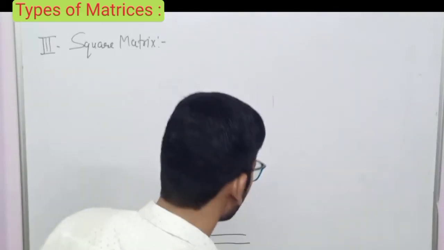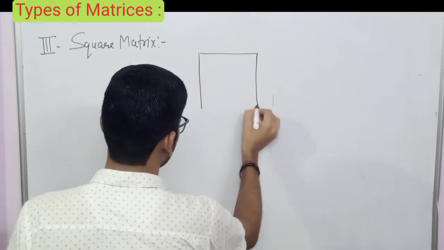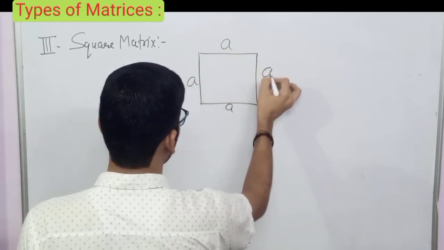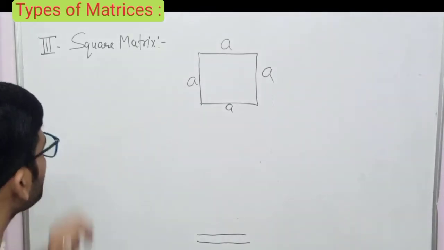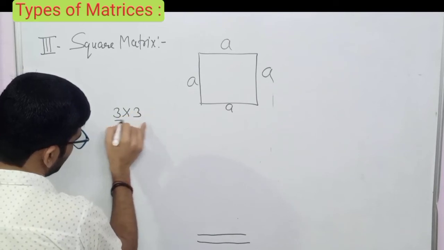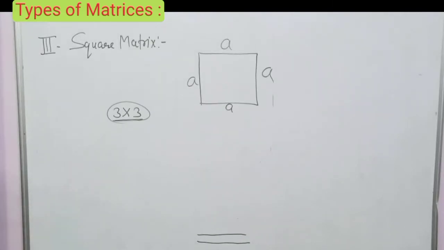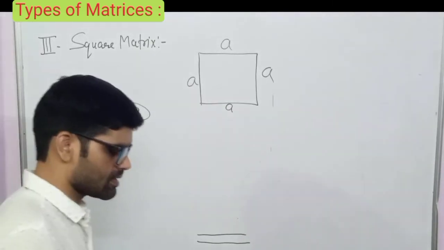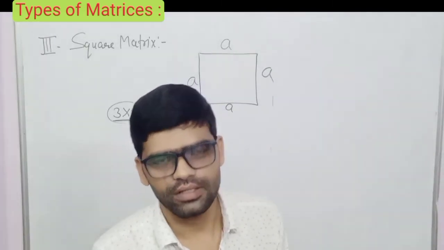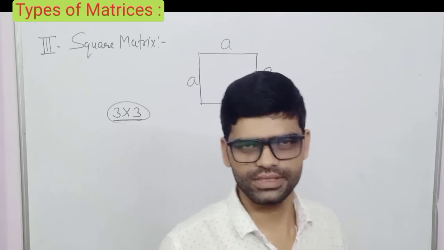Square means if you draw a square of side a, all sides are equal. This means the number of rows of a matrix is 3 and number of columns is 3, so 3 cross 3. So you can define a square matrix: a matrix is said to be a square matrix if the number of rows is equal to the number of columns. Okay, this is the definition.